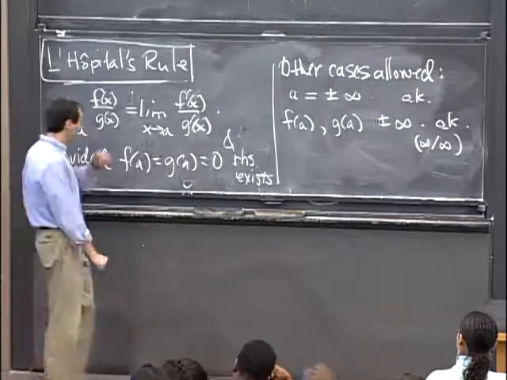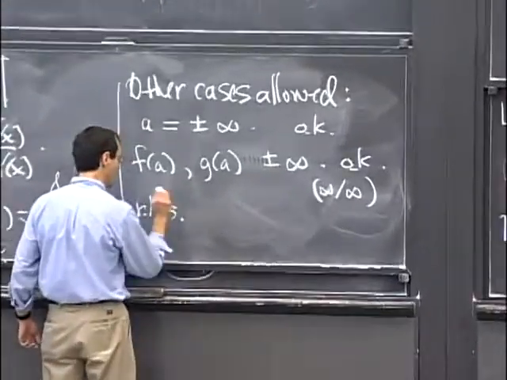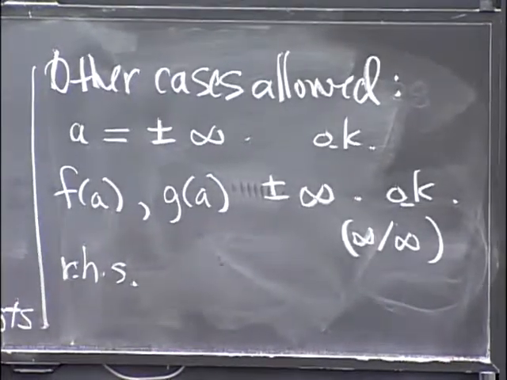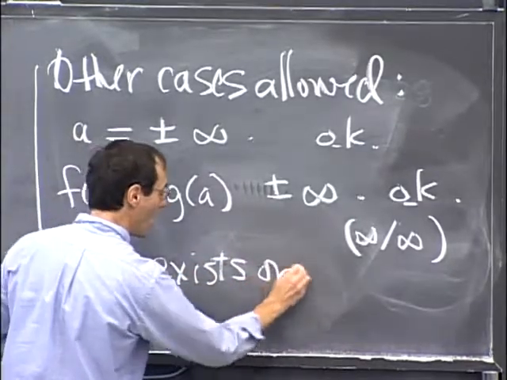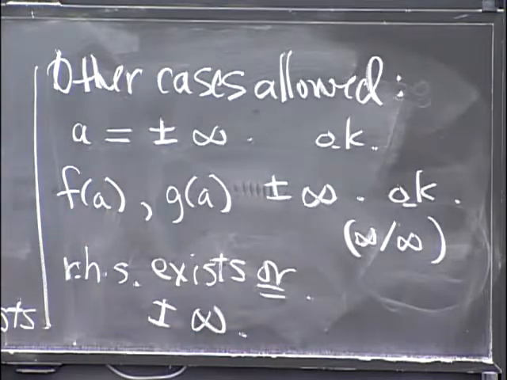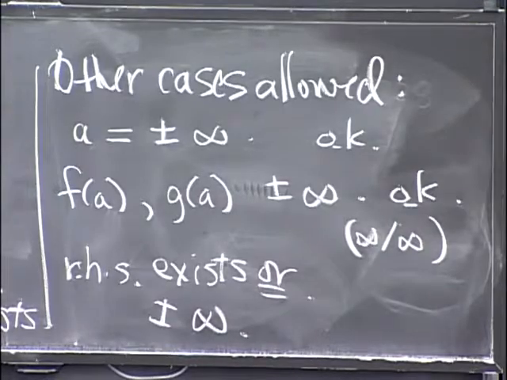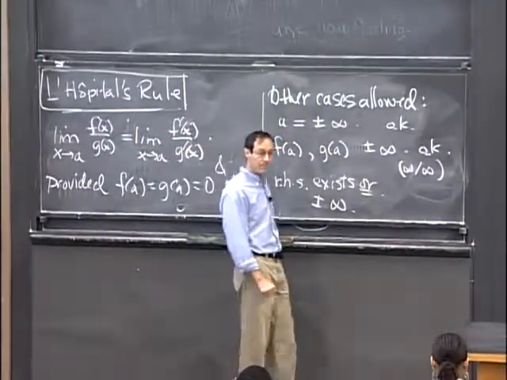And the third thing is that the right-hand side doesn't really quite have to exist in the ordinary sense. Or it could be plus or minus infinity. That's also okay. That's still information. So if we can see where it goes, then we're still good.